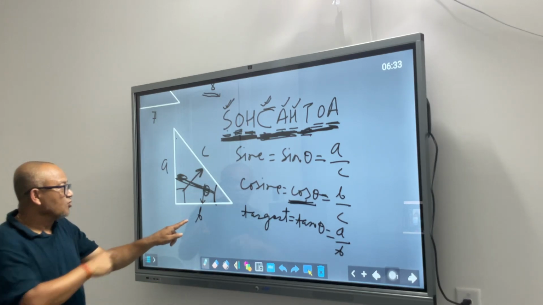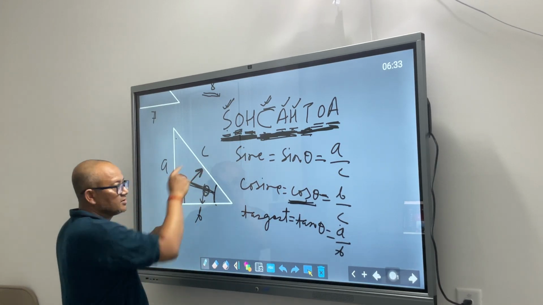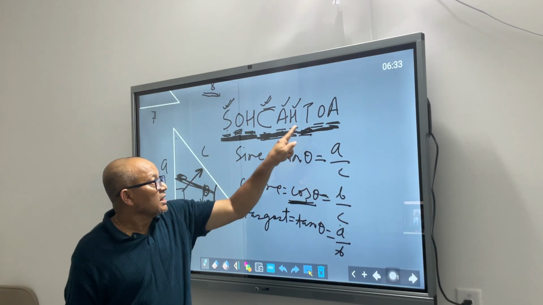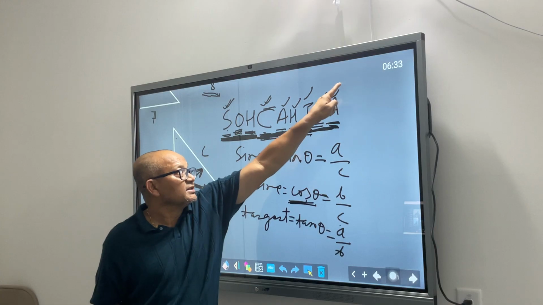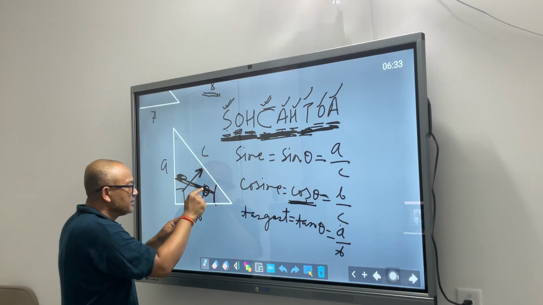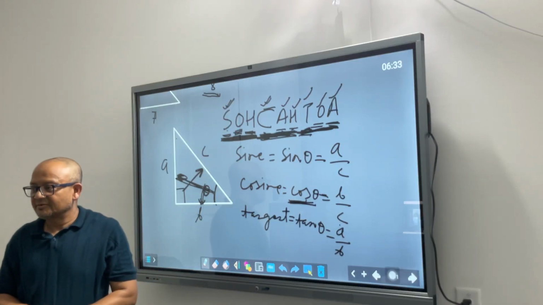So B over hypotenuse, B over C. The way you will read the third part is TOA, tangent of an angle is equal to opposite side divided by adjacent side. So tangent of theta is equal to opposite side divided by adjacent side. Make sense?